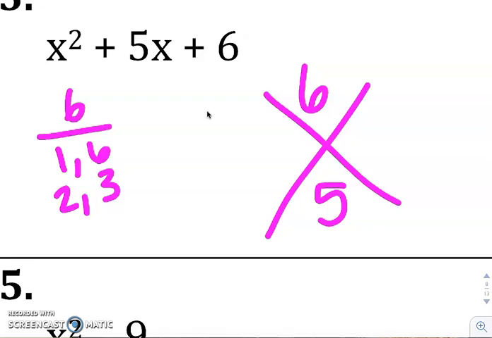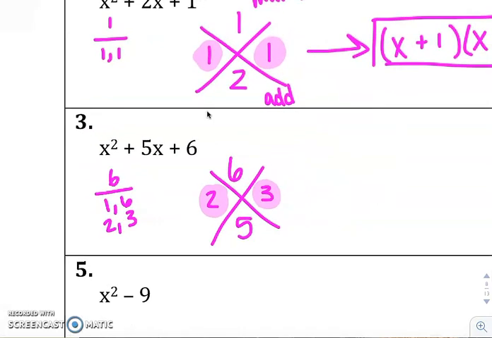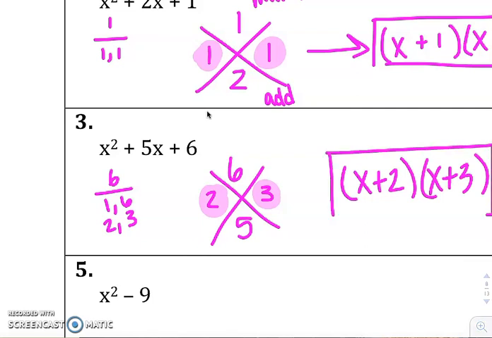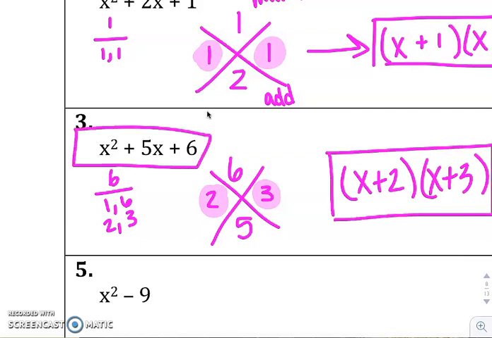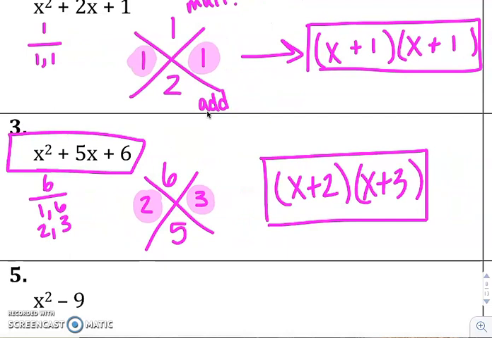So we want to use 2 and 3. 2 plus 3 is 5. 2 times 3 is 6. So we're going to take those numbers and they're going to go into the parentheses, both positive. So x plus 2, x plus 3 is the factored form of that original expression they gave us of x squared plus 5x plus 6.